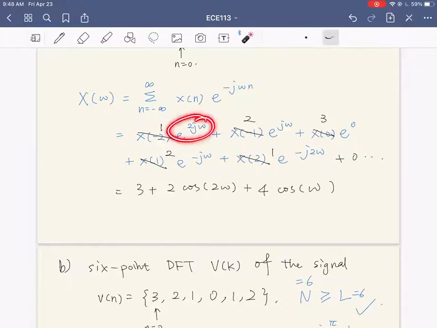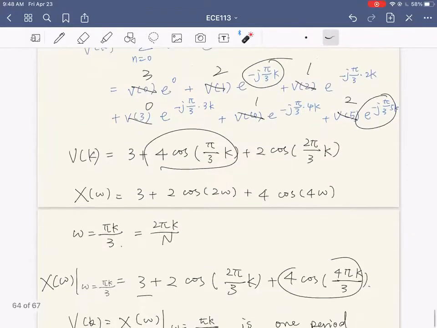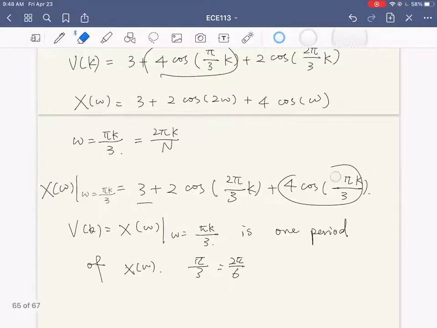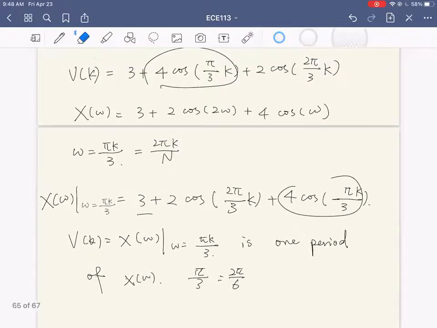So you see that 2j omega and minus 2j omega will form the cosine 2 omega, right? And then the j omega and the minus j omega will give us a cosine omega. And then if we follow this equation, they will be exactly the same. Woohoo!